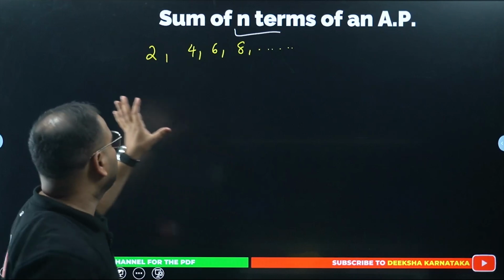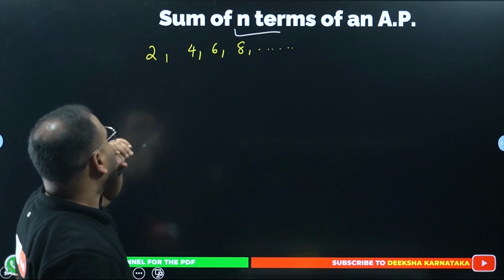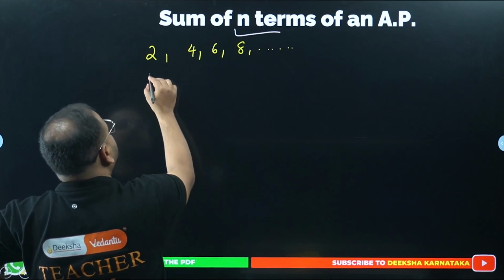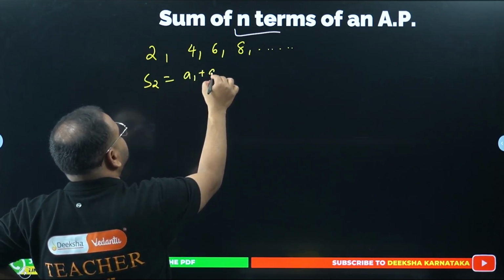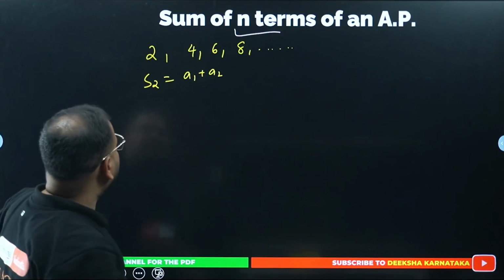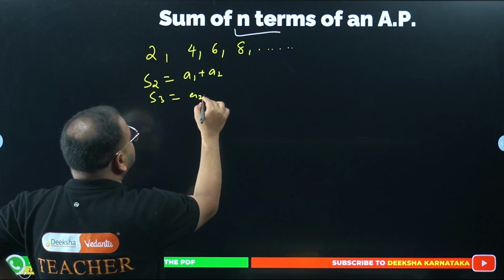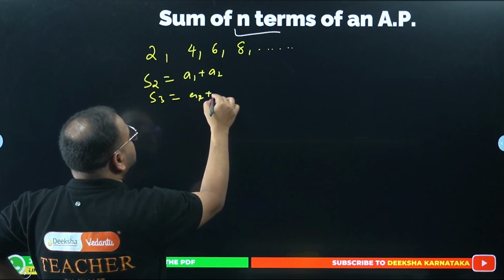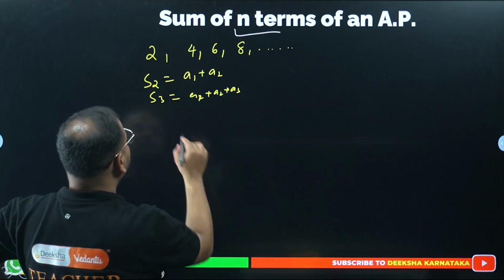This is clear for you now. So what is my sum of two terms? Sum of three terms: A1 plus A2 plus A3. Sum of n terms will be what?